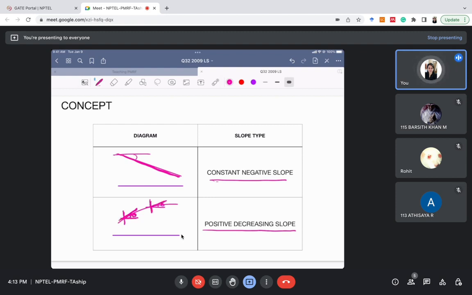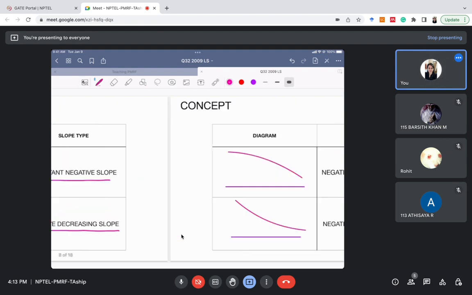If we draw tangent at this point, it will have theta 2. So theta 2 is less than theta 1. So it's a positive decreasing slope. It is in positive direction, but it is constantly decreasing. So it's a positive decreasing slope. Just remember this for now.